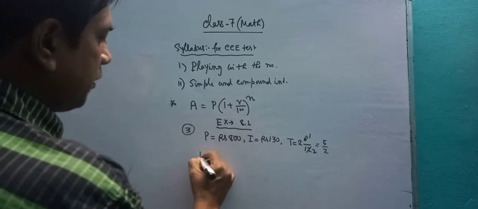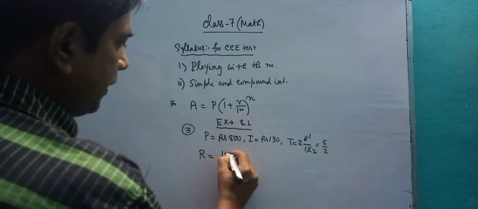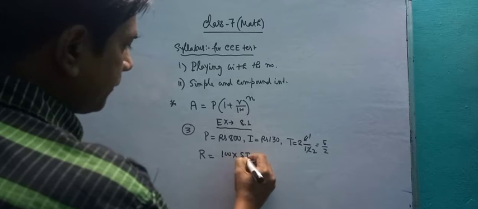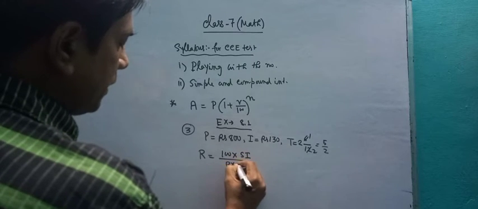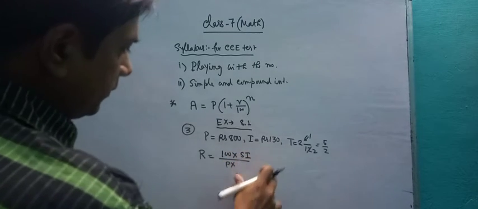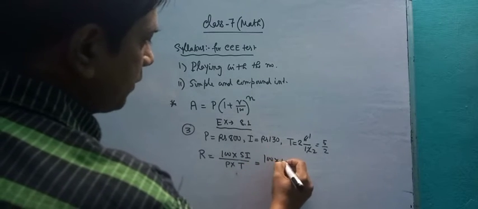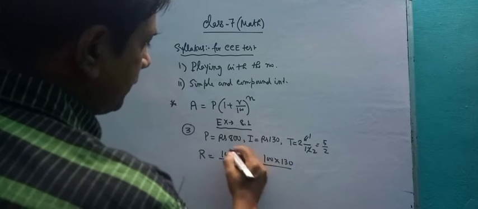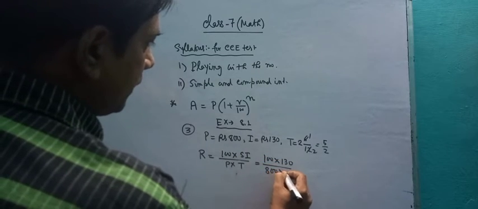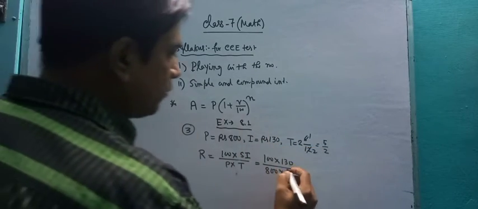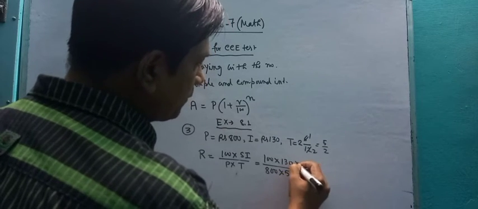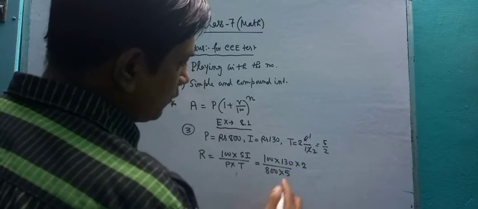The rate of interest formula will be what? 100 into SI by P into T. So 100, simple interest what? 130. Principal is what? 800. T is what? 5 by 2. 5 divided by 2 means 5 by 2. Okay, so what is the calculation?